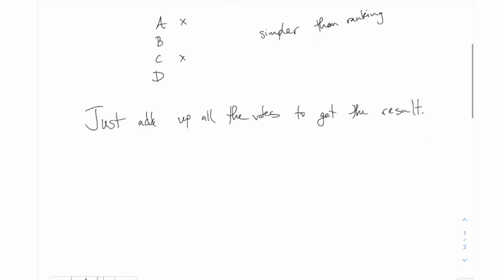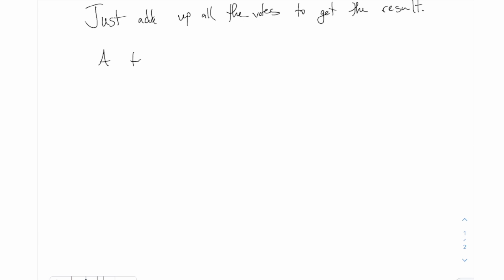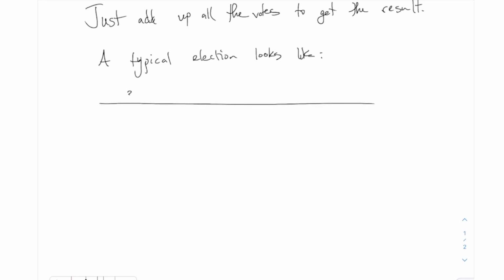So a typical election would look like this. There's not really a lot to say about this because it's so simple. Maybe I'm going to make these columns with numbers on the top, again indicating how many people voted in this way.